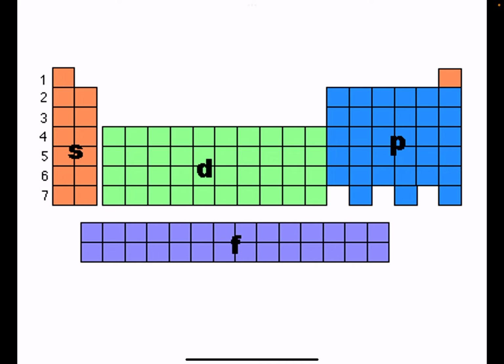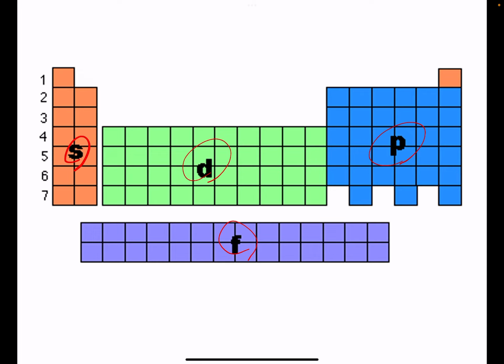Okay, so these are our different blocks. We have our S block, our D block, our P block, and our F block. I should rearrange that and say we start out with S, then P, then D, and then F. Notice this is a periodic table without all the atoms' names and symbols on it, but it's the same arrangement we normally see.